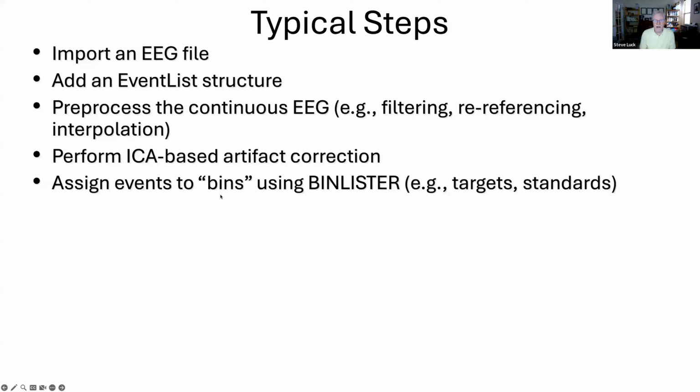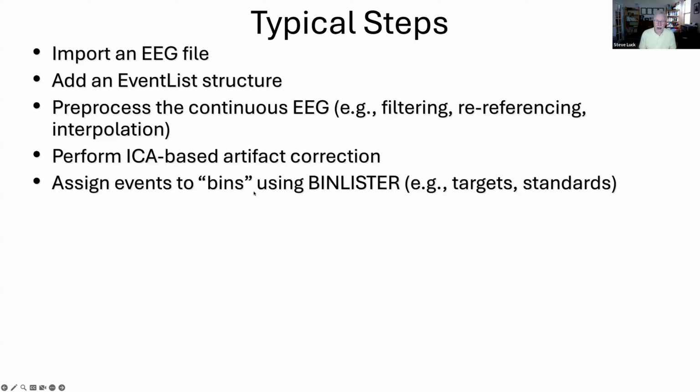In particular, you'll assign each event code to a bin. So a bin is something like the targets, the standards, the rare, the frequent, whatever your categories of stimuli are that you're going to average together to make your average ERPs. So one bin will end up being the average ERPs from one condition.